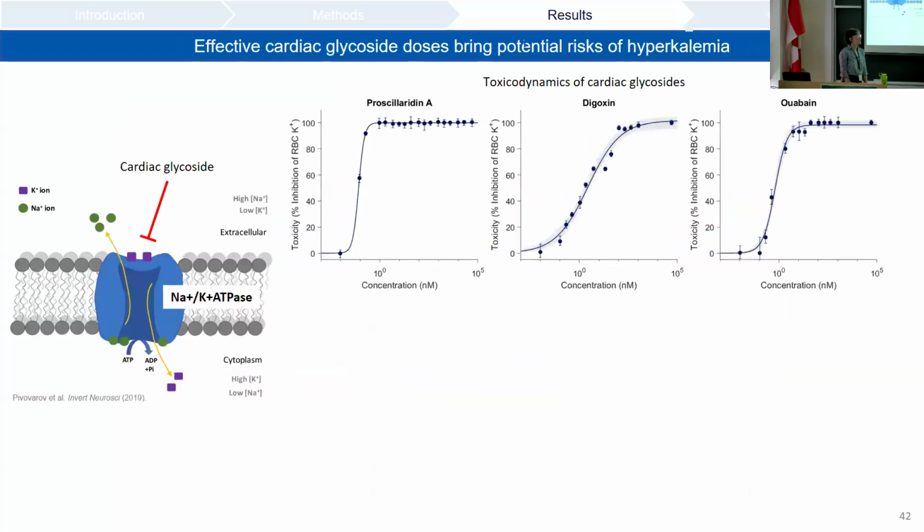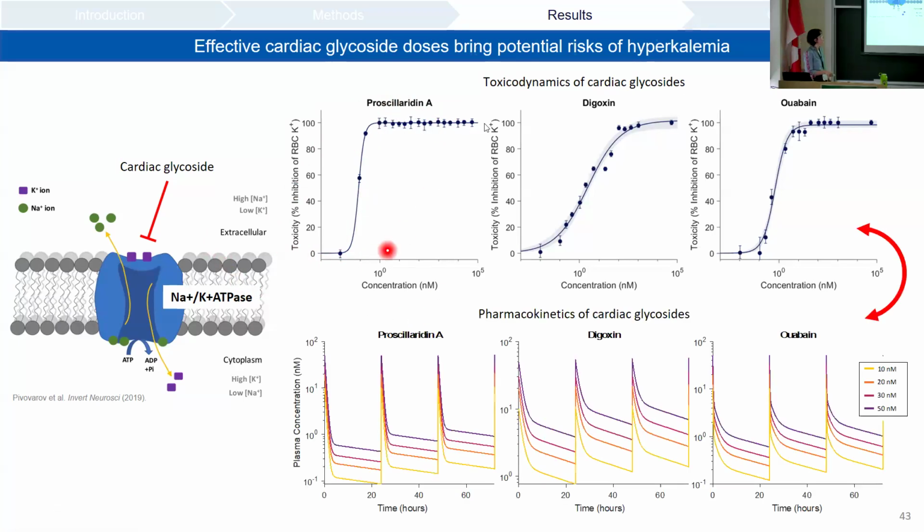However, we know that cardiac glycosides have an effective therapeutic window that's very close to their toxicity. One way to measure their toxicity is by looking at their percent inhibition of potassium uptake in red blood cells, so hyperkalemia. Again, through data, we can fit their toxicodynamics.